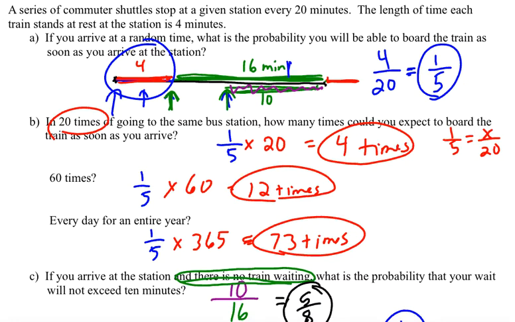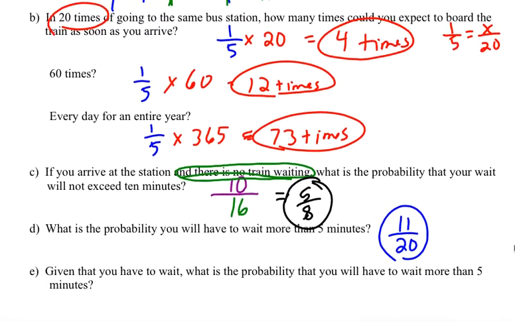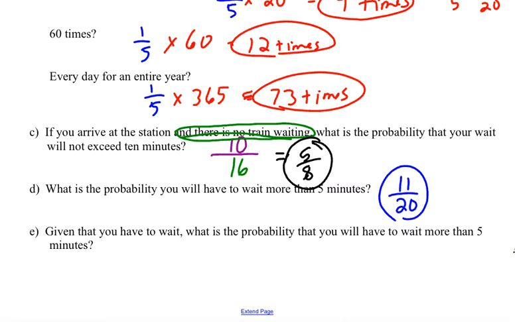So I'm going to go 5 minutes from the end here. More than 5 minutes would be all of this. I'm waiting 6 minutes, 7 minutes, 8 minutes, 9 minutes, 10 minutes, 11 minutes, 12 minutes, 13 minutes, 14 minutes, 15 minutes, 16 minutes, depending on where I fall in that interval. So that's actually 11 units long compared to this 5 for the 16 total. So that's where I'm getting the 11 from, 20 for the entire denominator.